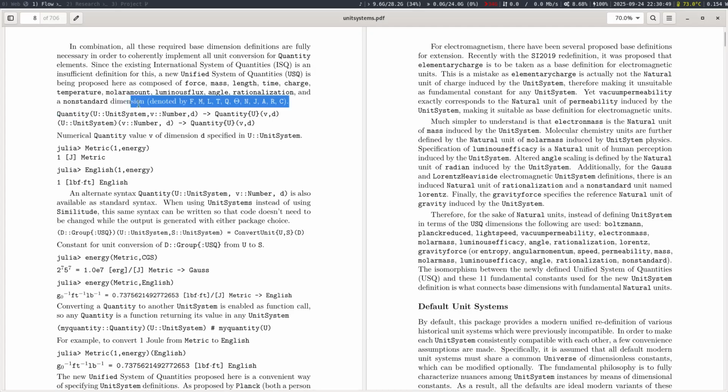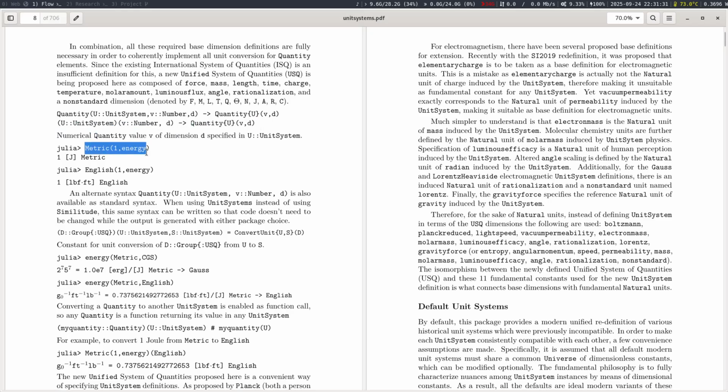So I define a quantity in terms of a choice of unit system, a number, and a dimension. So quantity U is like the type and has the values V and dimension D. And this just shows you the syntax, right? If you're interested in studying the programming language syntax, you take a unit system and plug in a number and a dimension.